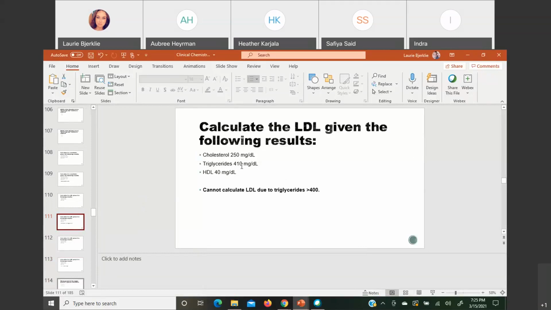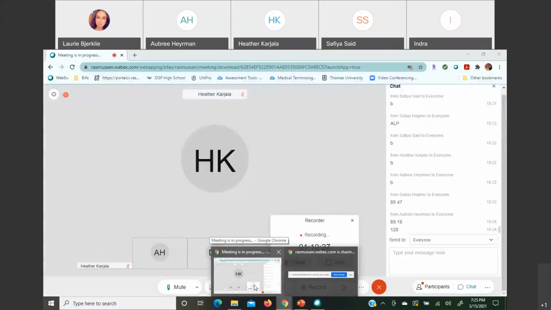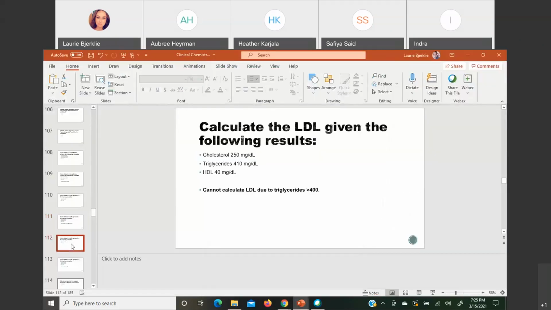Well, anytime the triglycerides get too high, above 400, it doesn't correctly estimate anymore, so you can't even do it. So in a lab, if this were a patient, they would have to do a direct LDL test to get that value. They can't have the analyzer calculate it for them, so they'd have to do a direct LDL measurement. So it's a trick question.